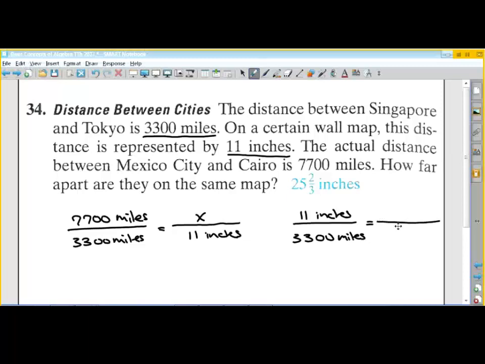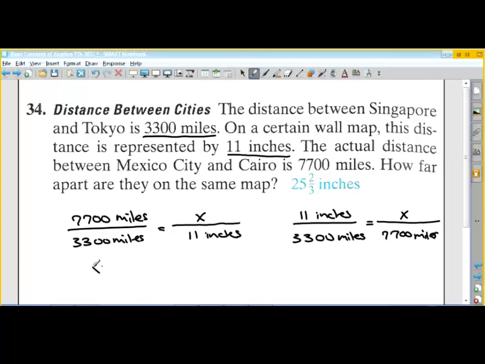And then the other side, again, is a ratio. In this case, since we have inches and miles here, we have to have inches and miles there. So here we have the unknown inches, and we have the known miles. And both of these ultimately will give you the same answer.